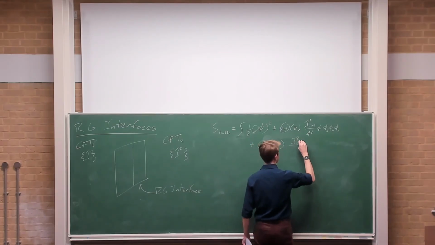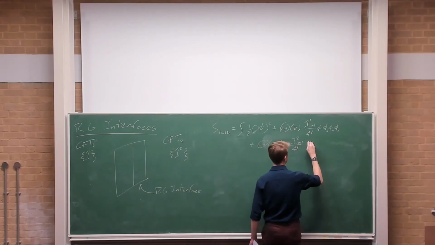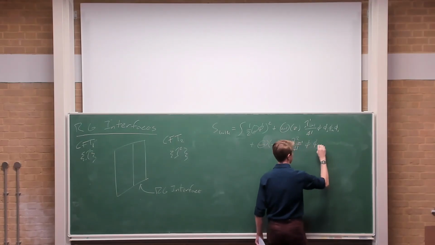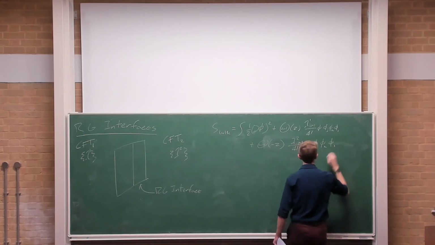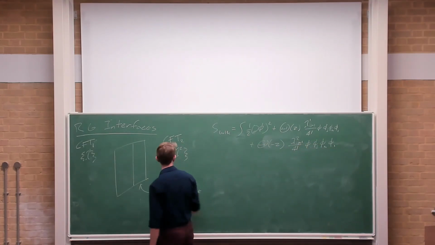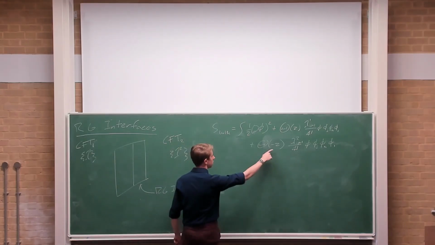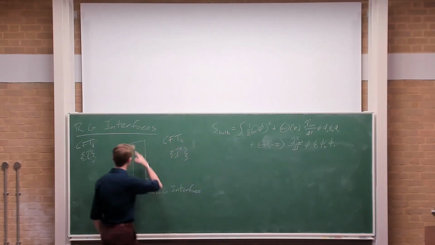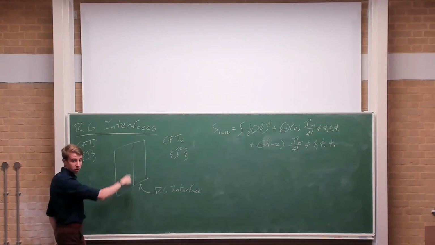One for lambda 2. And we again want to perturb by this defect action, but now we want to put it specifically at z equals 0 so that it's within the RG interface.